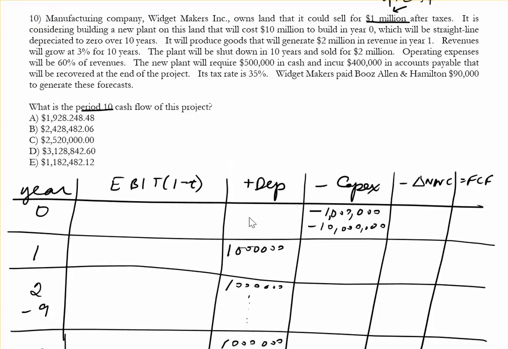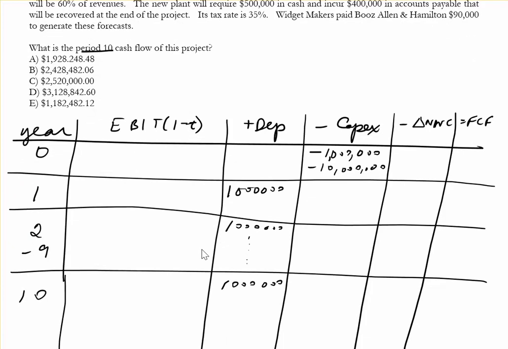Continuing in the information that's here, it says it'll produce goods, it'll generate $2 million in year 1, and that revenues grow at 3%. We have a shutdown value, and then we have operating expenses of 60% of revenues. So let me use the operation stuff first. So the EBIT in the first year is $2 million times 1 minus 0.6, because 60% is the costs.